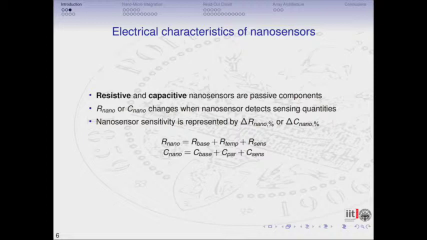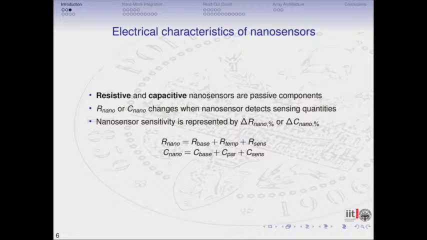So when nanomaterials detect the target object, its sensitivity corresponds to a variation of the electrical properties, so resistance or capacitance. And if we consider the total resistance and capacitance of nanomaterials, we can distinguish three main contributions.